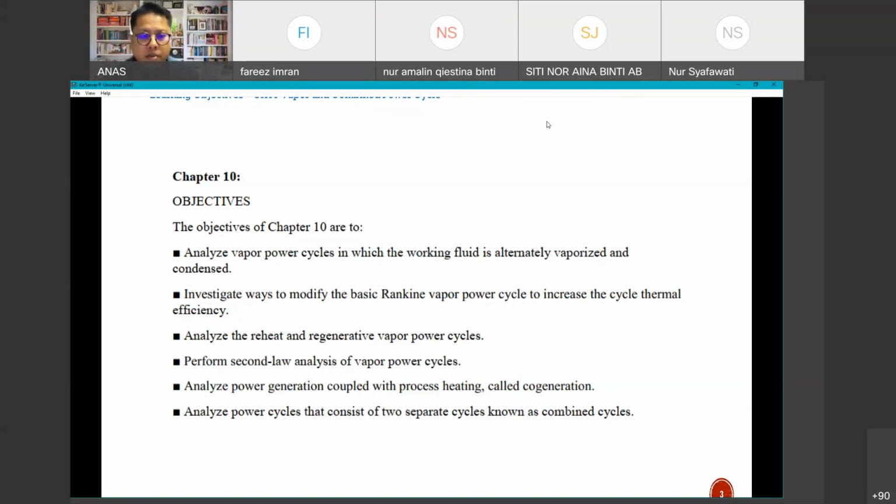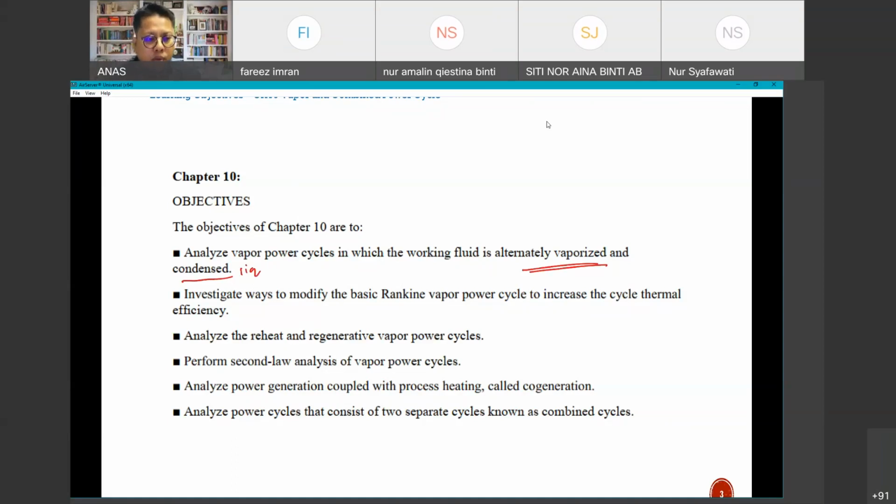But right now, for this chapter, we will be looking at the phase change, or how the substance changes from one phase to another in a system. That's why it says here alternately vaporized and condensed. Vaporized is vapor, obviously steam, and condensed is in terms of liquid.